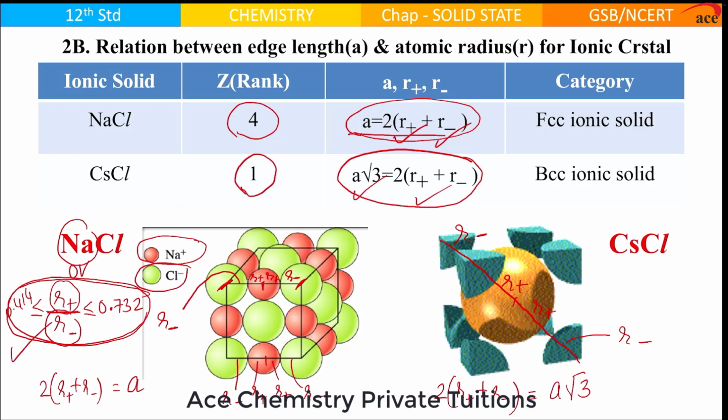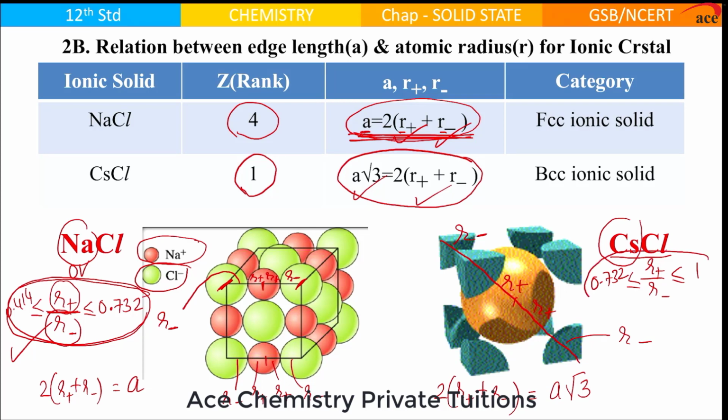In this case, if you check, there are 3 data. Out of these, 2 data will be given and 1 will be asked. For cesium chloride, if you remember, cesium occupies cubic void. Therefore, radius ratio lies between 0.732 to 1.